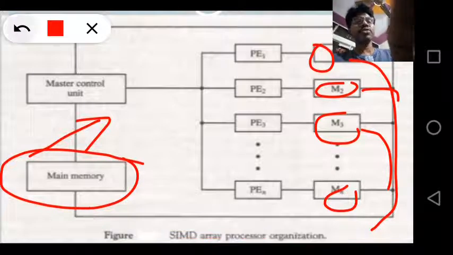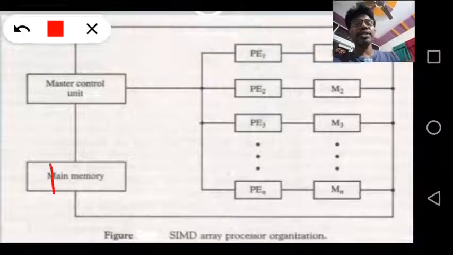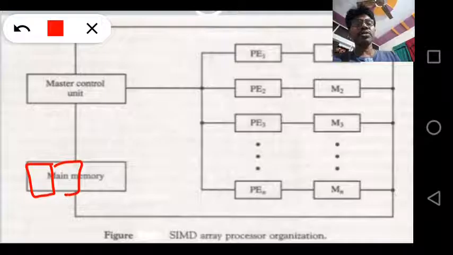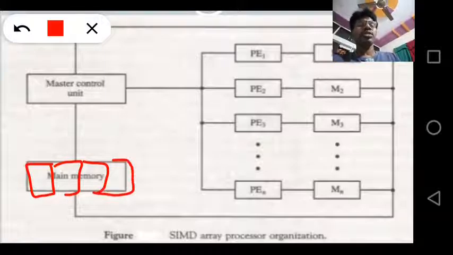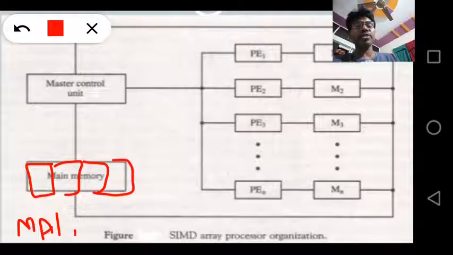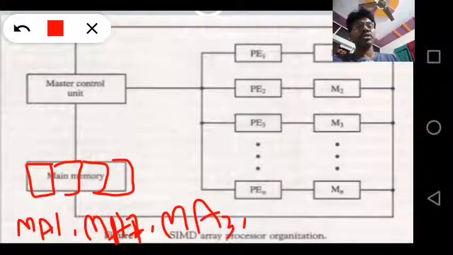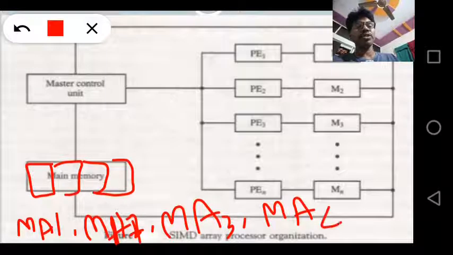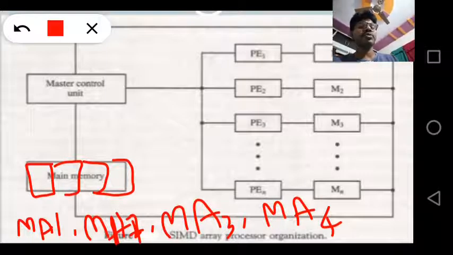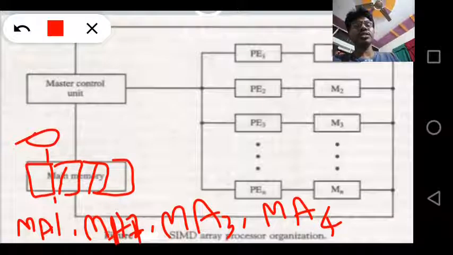That means now you understand better. Now we can divide this main memory into memory arrays: memory array 1, memory array 2, memory array 3 and memory array 4. So each memory array has a separate address register and data register.